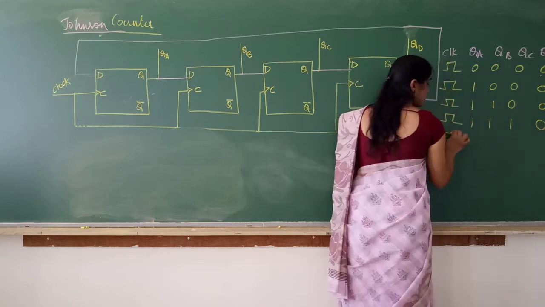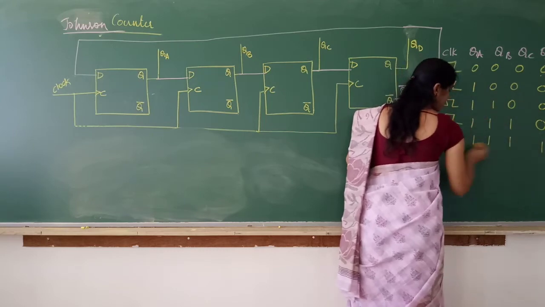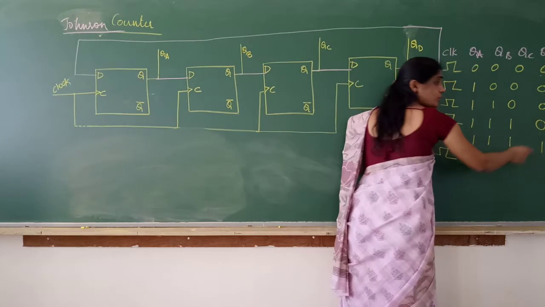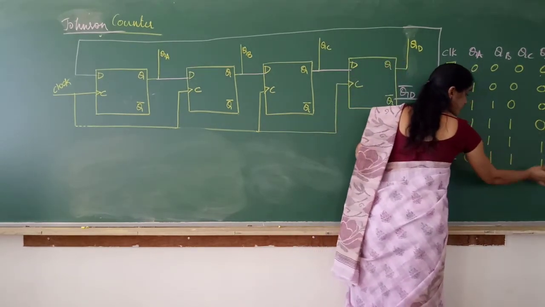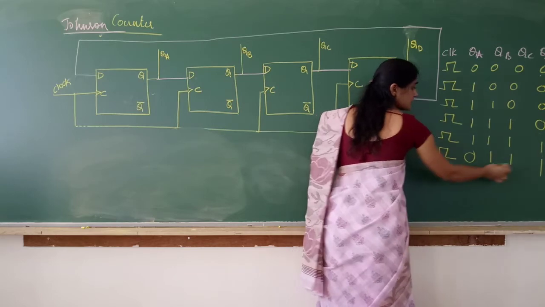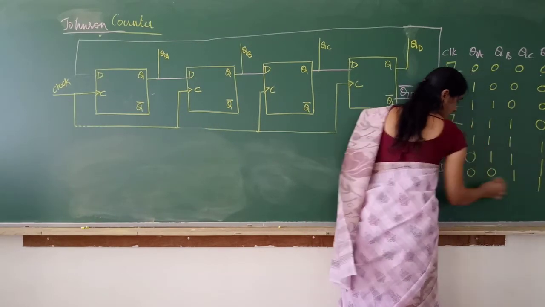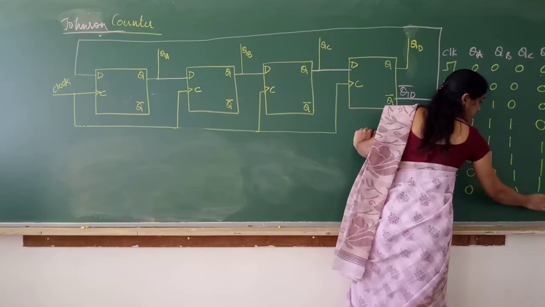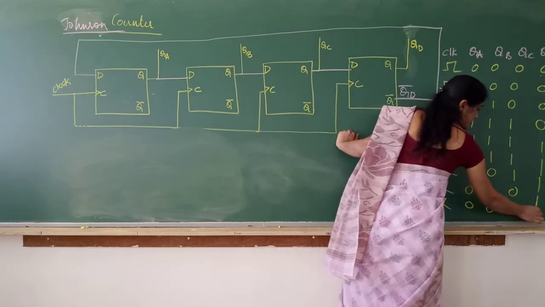Next pulse, 1, so 1, 1, 1, 1. Because QD will come here. Next clock pulse, QD bar is now 0, so 0 will come and this will shift. Next pulse, 0, so 0, 0, 1, 1. Next clock pulse, 0, 0, 0, 1. Next pulse, 0, 0, 0, 0. Isn't it?